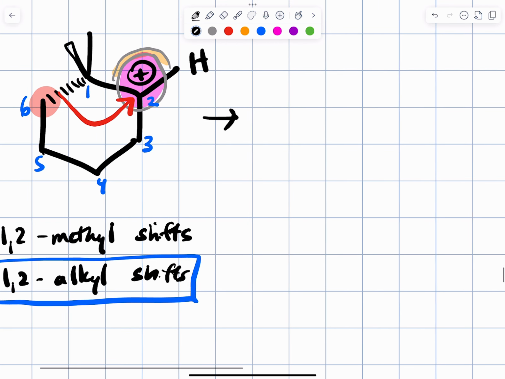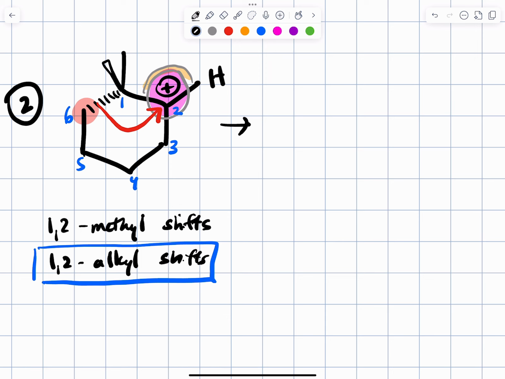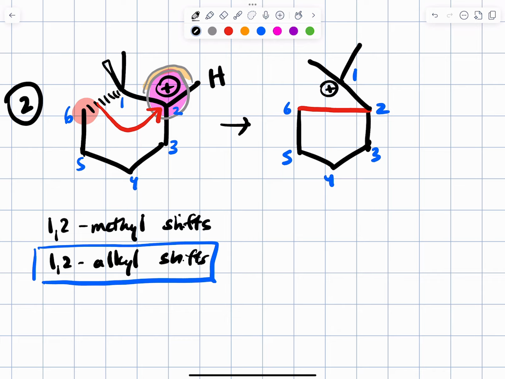So what I recommend when you do this is you keep everything in the same place. You draw a new long bond in red between 6 and 2. You leave the bond between 1 and 2 in the same place. But now 1 is no longer forming a bond with 6, and 1 should have a positive charge.